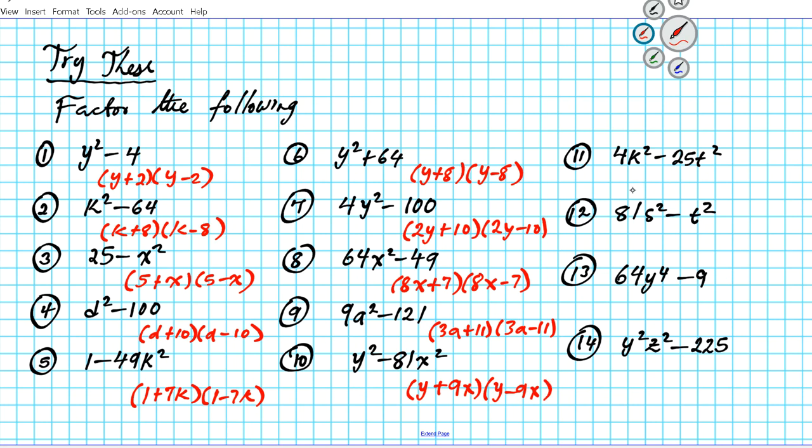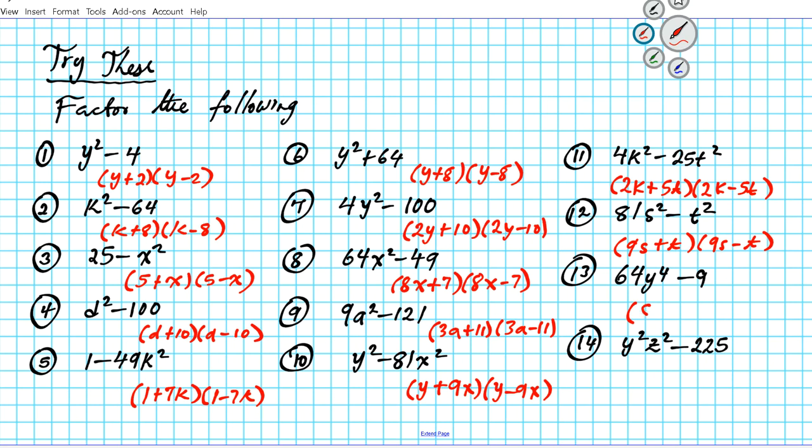For number 11, it's 2k plus 5t times 2k minus 5t. For number 12, it's 9s plus t times 9s minus t.